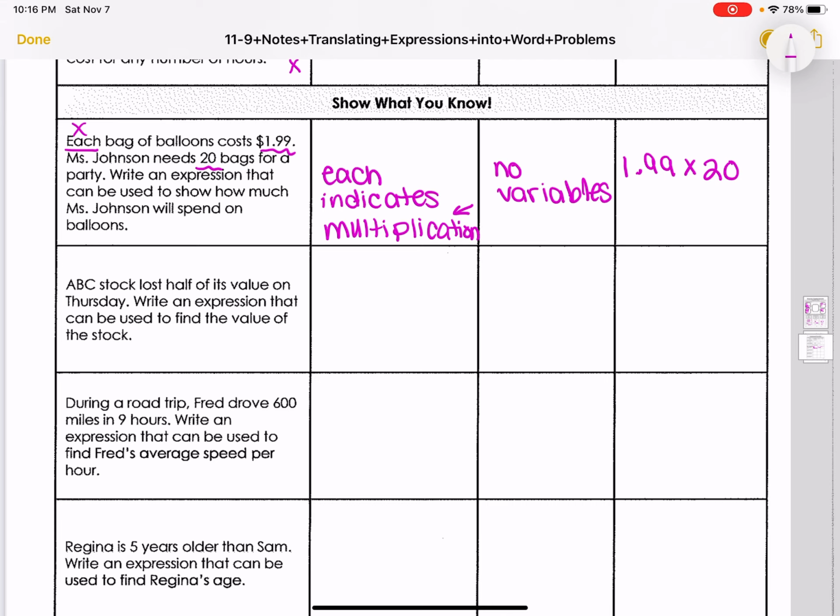ABC stocks lost half of the value on Thursday. Write an expression that can be used to find the value of each of their stock. So half indicates multiplication, but can also be represented by dividing by 2.